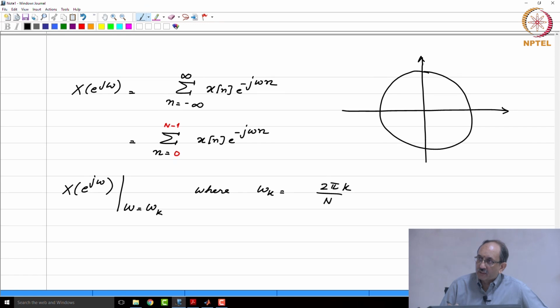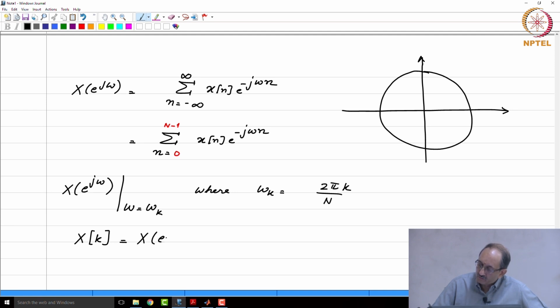This makes sense because the interval is 2 pi, and you have taken N uniform points. So the spacing between points is 2 pi by capital N, and you are evaluating it at k uniformly spaced points, and hence you can call these samples X of k.